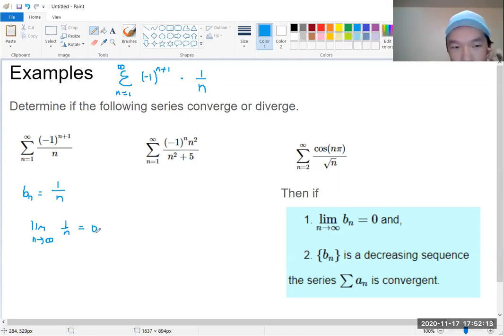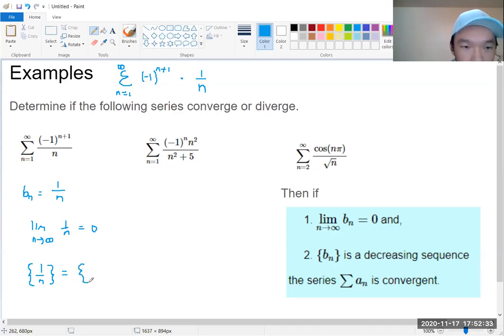So the first condition is satisfied. And then number two, is b of n a decreasing sequence? So consider the sequence 1 over n. If you were to list out the terms of 1 over n, is that a decreasing sequence? Let's list it out right now.